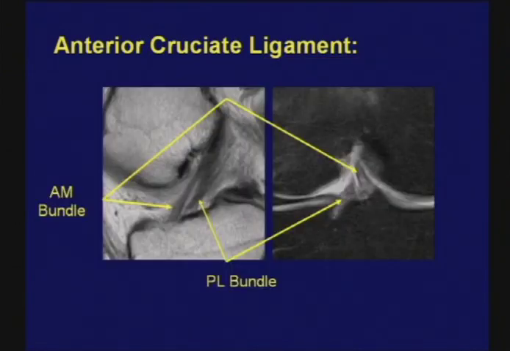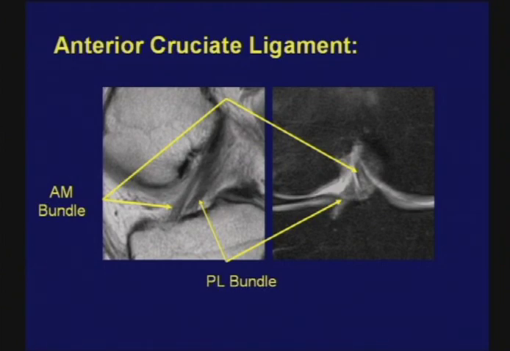I've indicated already that we name these bundles according to where they attach to the tibia. It's not always possible to do this, but in some cases it is made more evident because there can be small collections, linear in nature, of fluid between the two bundles. In some reports years ago of arthrograms that were done in the knee, there was sometimes fluid that would actually get into this space between the two bundles, and it was considered a normal finding.